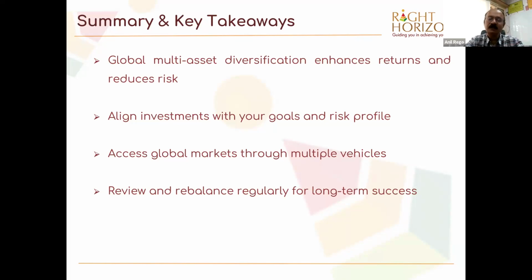And the last point I would say is, you need to keep reviewing your investments on a periodic basis, seeing whether you need to rebalance, looking at market cycles, etc., and then plan for your global assets.